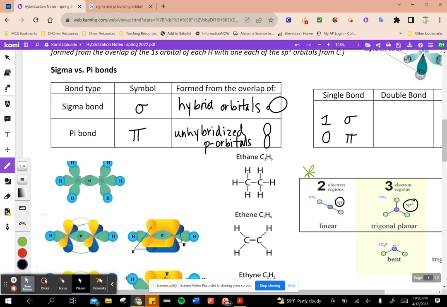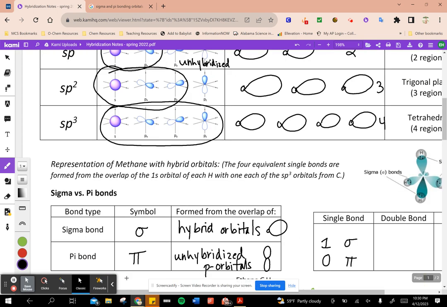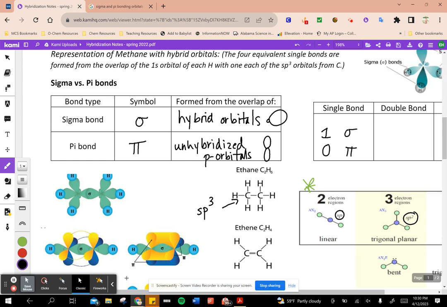Each carbon here is what we would refer to as sp3 hybridization. Each of those carbons has mixed an s and 3 of its p orbitals to generate 4 new hybrid orbitals. And it's the overlap right here of two of those hybrid orbitals that gives us this single bond in between that we would call a sigma bond.